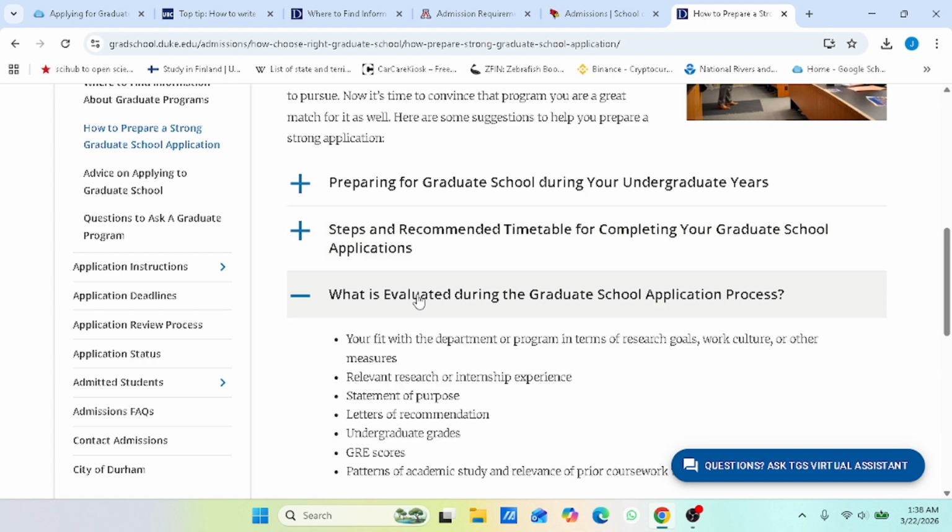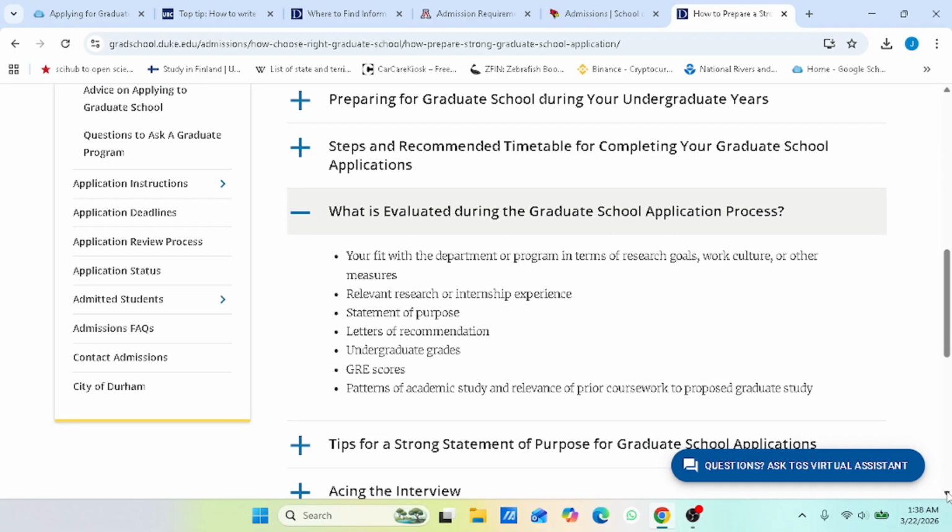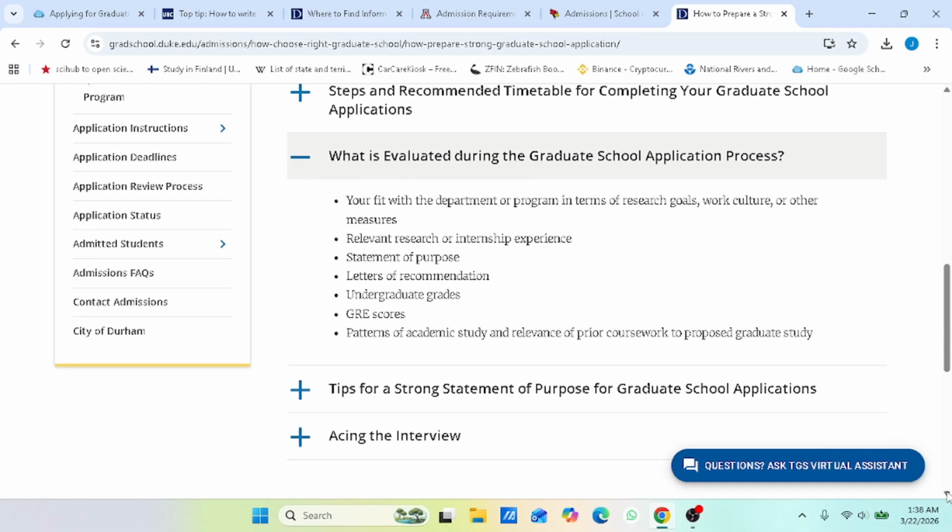Step number 3 is what is more interesting and more critical. Step number 3. What is evaluated during the graduate school application process? Number 1. Your fit with the department or the program in terms of research goals.